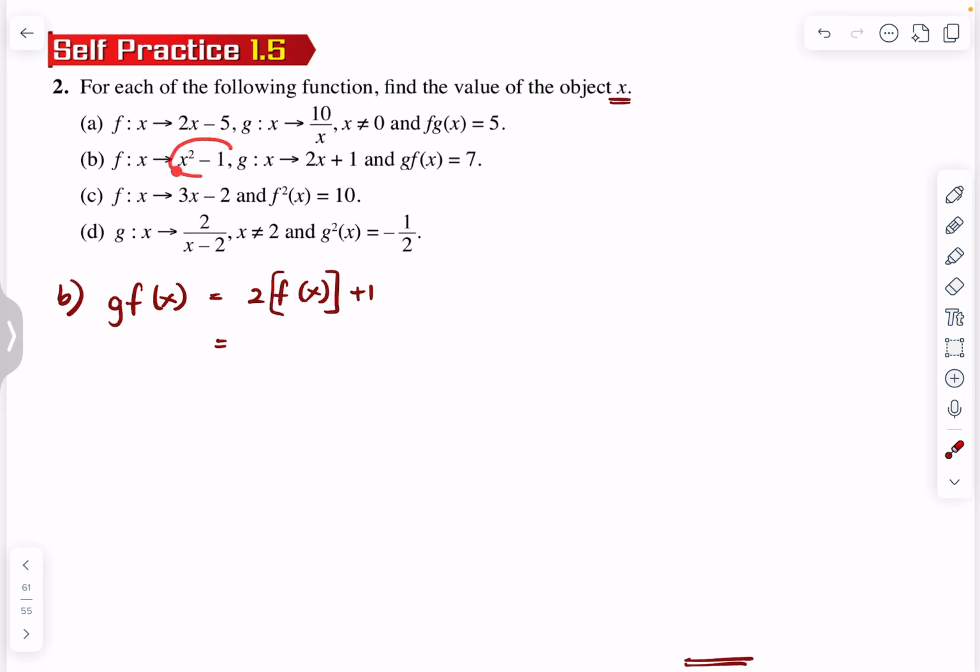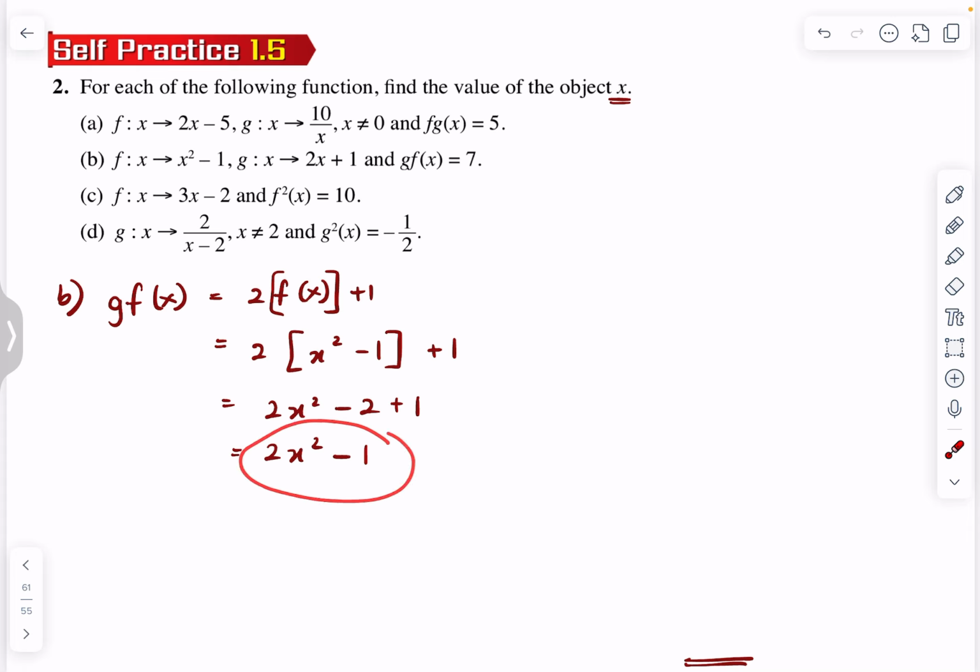Then we know f(x) is this, right? So we just put this into here. Then we expand. Then we simplify. Negative 2 plus 1 is negative 1. So this is our version of g(f(x)). This is their version of g(f(x)).